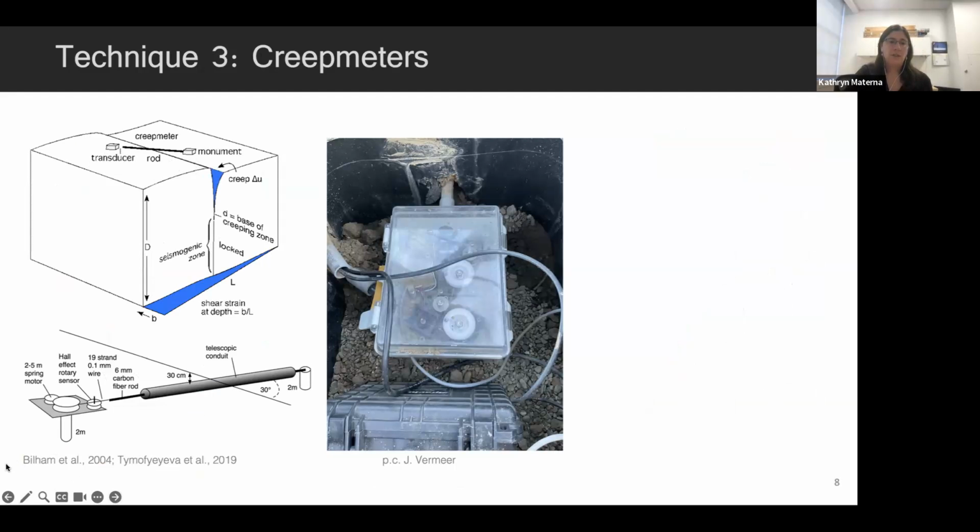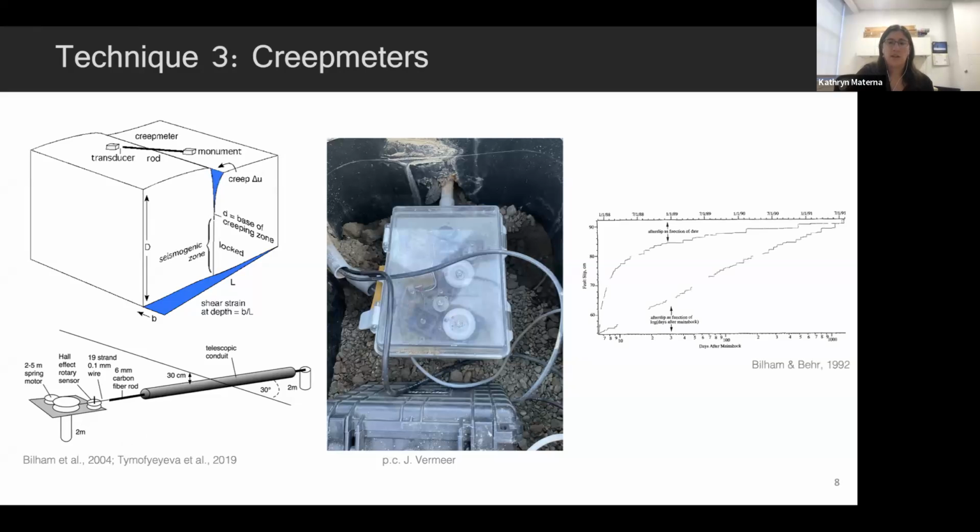When the fault is displaced, the creep meter either extends or contracts, and the amount of extension or contraction can be related to the fault motion. The wire is held in tension, and it is wrapped around these spools. And then the data that is collected from this instrument can look something like this. We have a time series of fault slip or position of this wire, and it can be very, very precise.